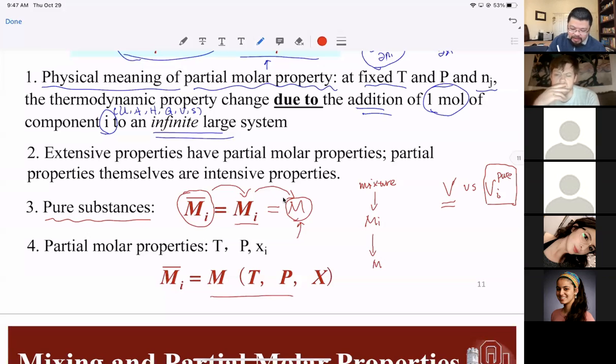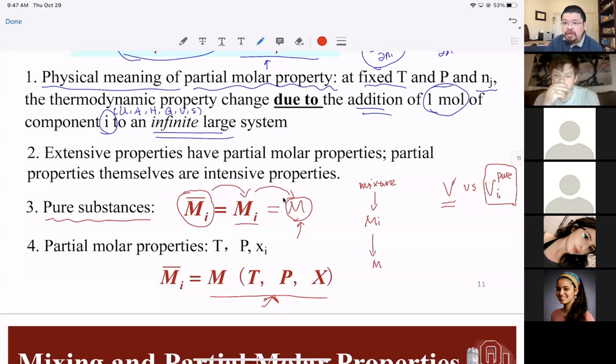Then here we are coming back to the UU business. For the partial molar property, for the fugacity, for the chemical potential, for the excess, for the residual, once we have defined that quantity of interest, we're always interested in expressing this as a function of TPX or TVX.